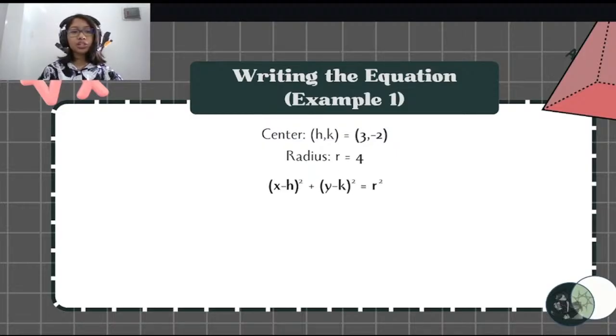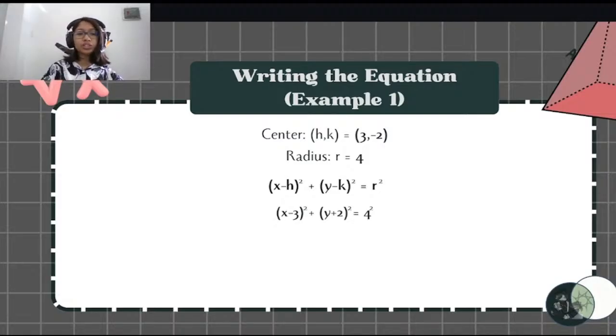Using the standard equation of the circle, quantity x minus h squared plus quantity y minus k squared equals r squared. Substituting, we get the equation quantity x minus 3 squared plus quantity y plus 2 squared equals 4 squared.